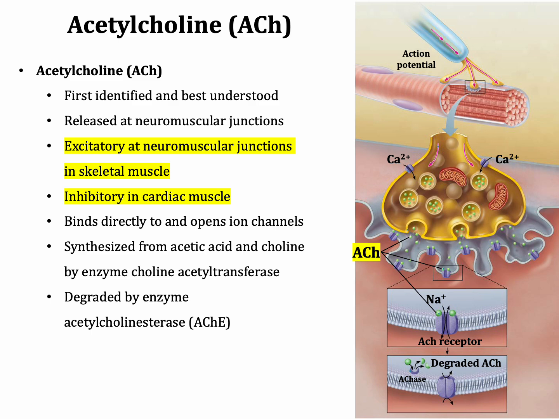We'll start with acetylcholine, which is the first identified and best understood neurotransmitter. It's released at the neuromuscular junction and causes an excitatory effect in the skeletal muscle. Uniquely, we find that it creates an inhibitory effect in the cardiac muscle due to the fact that there are different receptors being found.